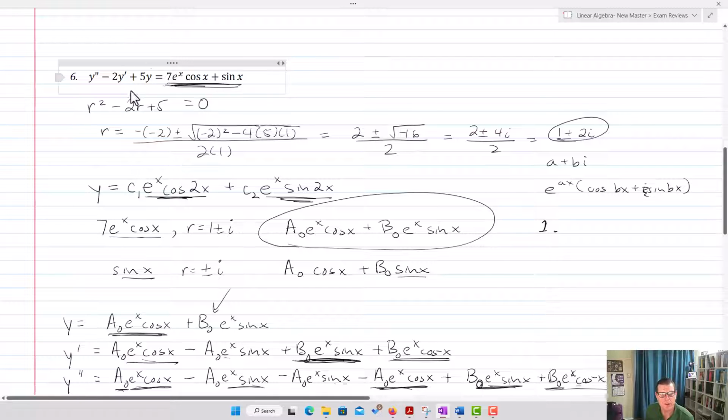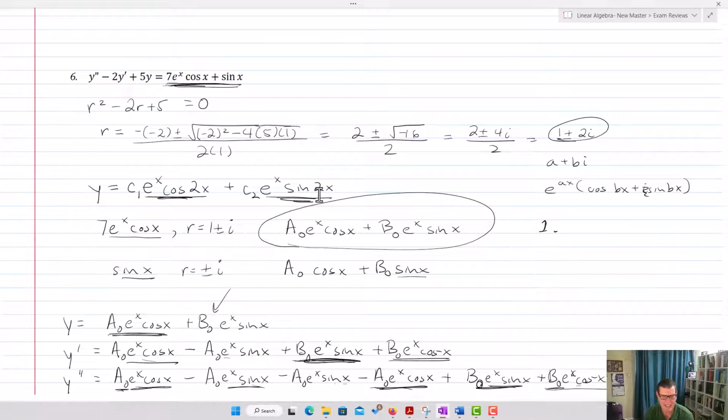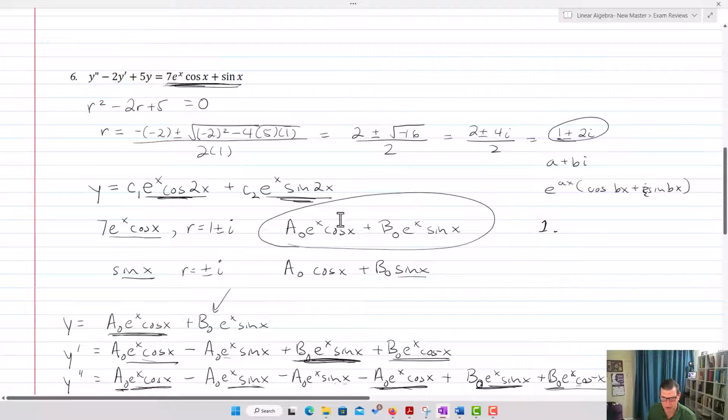What I do first is I solve my homogeneous part, and then I compare my homogeneous part to my non-homogeneous part to see if we actually have any kind of overlap there, right? Whether or not I need to modify my solutions. Since the two do not match, e to the x cosine 2x and e to the x cosine x do not match, I don't need to actually modify. So I'm just going to utilize the standard trial solution there.